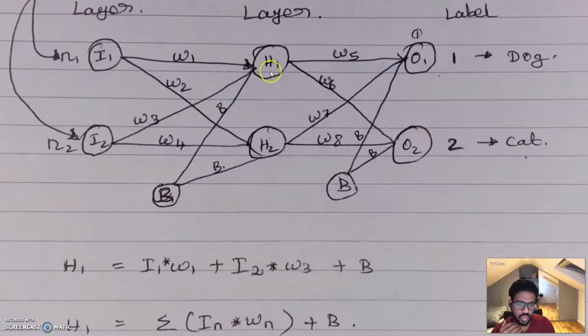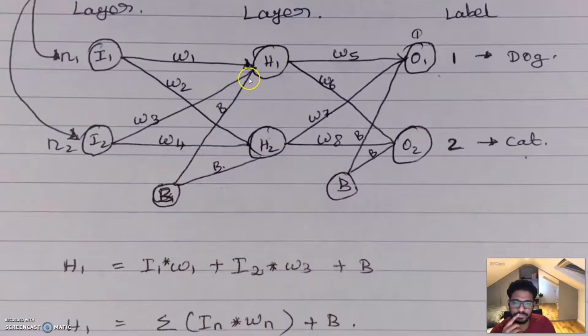If you do all the multiplication and get an output of 0, then this neuron won't get activated. But if you get a value like 0.1 or 0.5 or 0.8, then this neuron is activated highly. So this will affect the other layer neurons it's connected to.